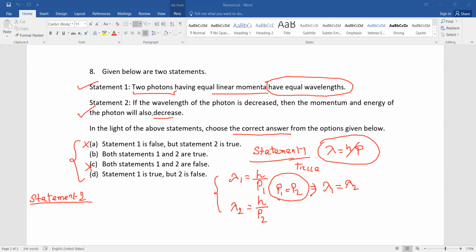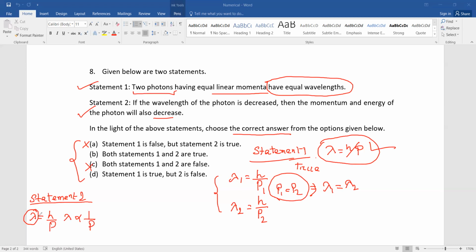In statement two, it is given that if the wavelength of the photon is decreased, then the momentum and energy of the photon will also decrease. How is wavelength related to momentum? By the expression we have already seen in statement one, wavelength is inversely proportional to momentum.